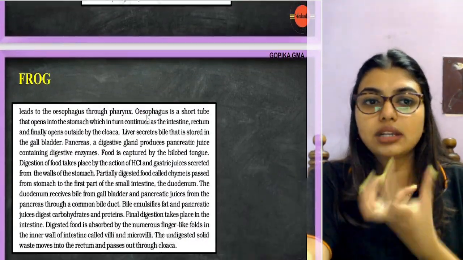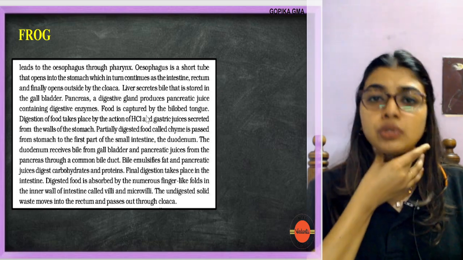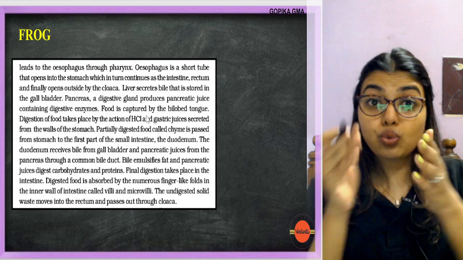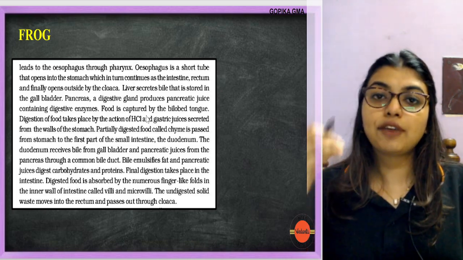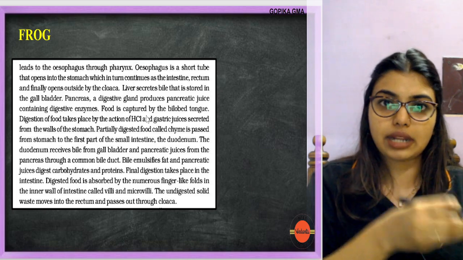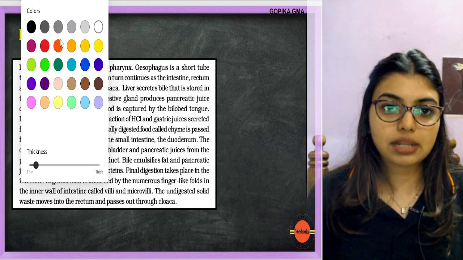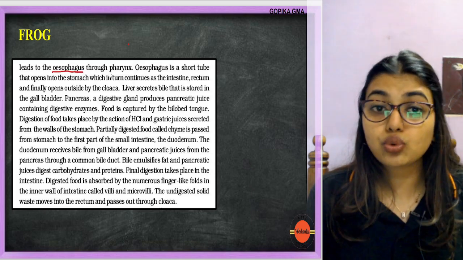So how is the digestive system going? Very simple. It is going from the mouth to the buccal cavity, from buccal cavity to pharynx. Through pharynx it is going to go into the esophagus, from esophagus to stomach, from stomach to intestine, intestine to rectum, rectum to cloacal aperture. Understood? Yes or no? Easy peasy lemon squeezy. See, leads to esophagus through pharynx.